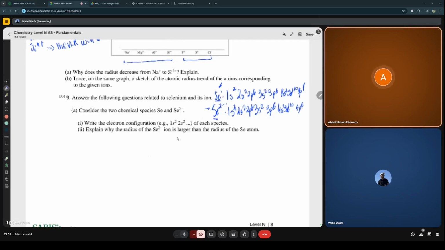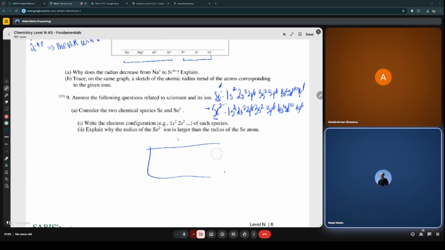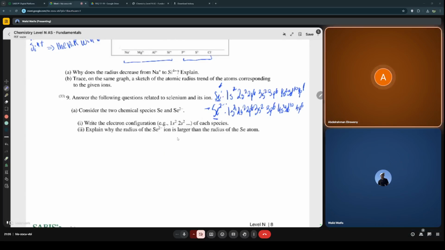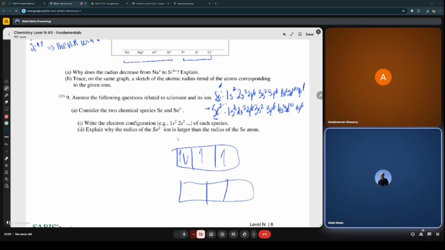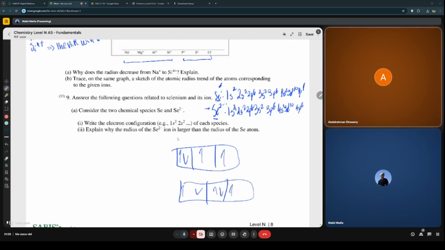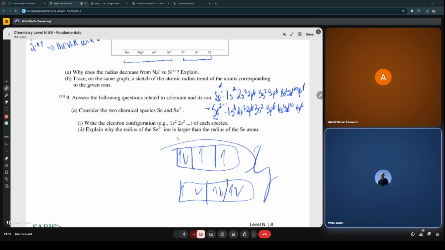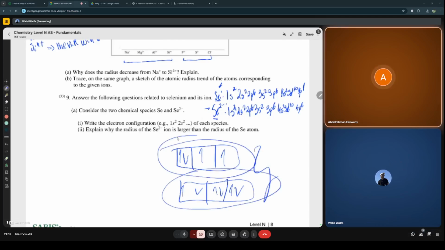It gained 2 electrons. How does the outer shell of Se look? It was 4p4, right? So it looked like this. Then the new one is 4p6, right? What's different? The last two gained an electron.